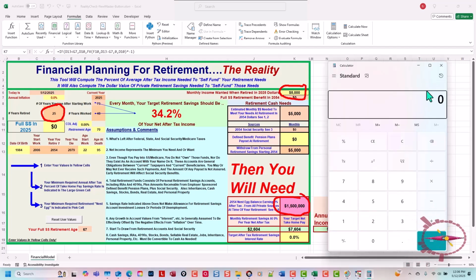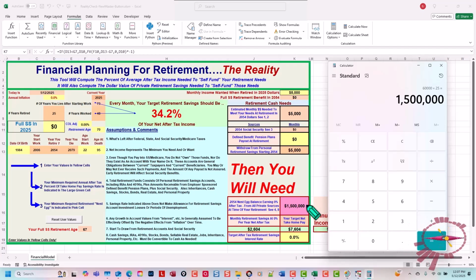Using the Windows calculator, we'll enter $5,000 times 12 months a year times 25 years in retirement gives us $1,500,000, the same as our target nest egg.